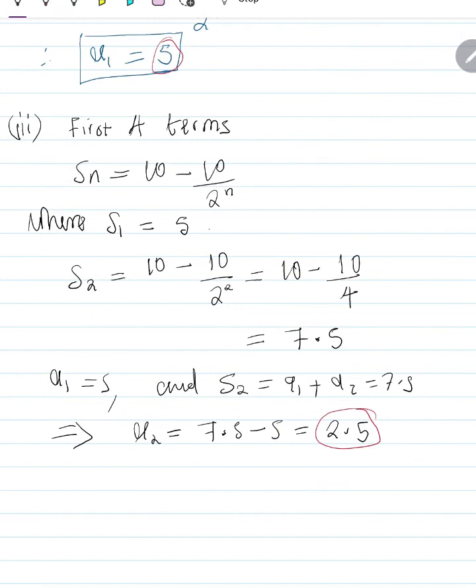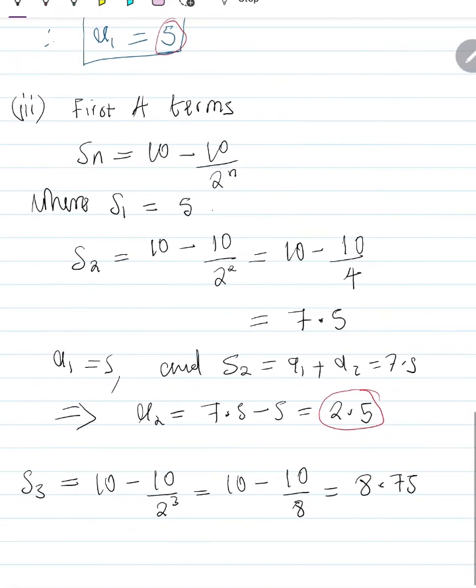So we go ahead and compute S3, which will be 10 minus 10 divided by 2 to the power 3, which is 10 minus 10 over 8, and this should give us 8.75. Now the sum of the first 3 terms is what?